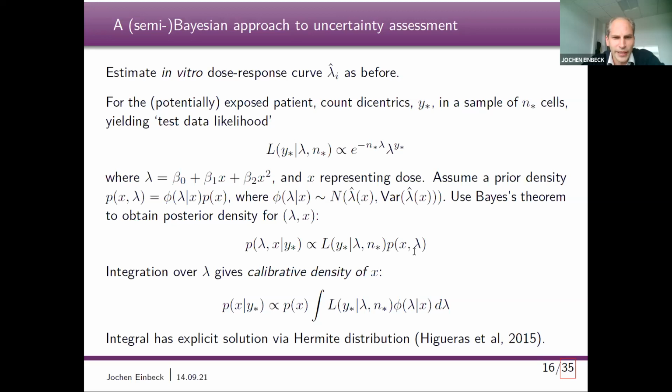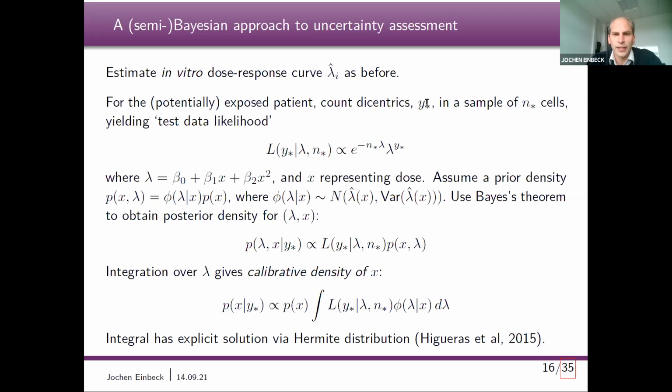This is quite a condensed slide, and I've packed the entire methodology on there, also partly because I didn't want to spend too much time with it. But let me still try to go briefly through that for those who have a little bit of a Bayesian background. Same notation as before. We have a potentially exposed patient.